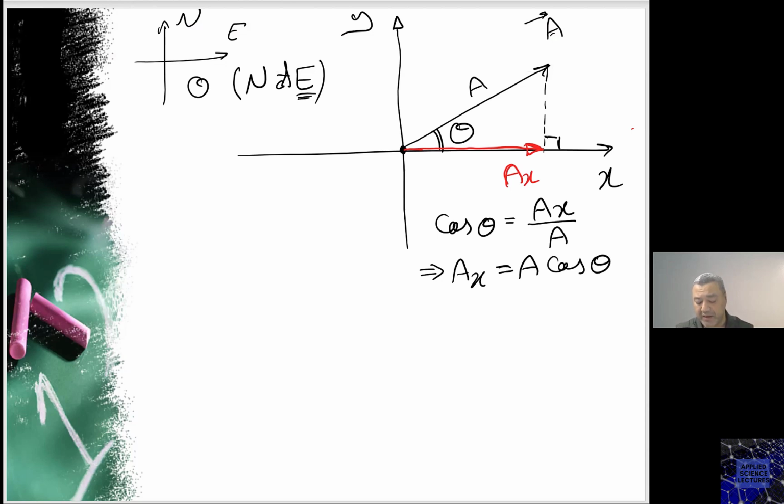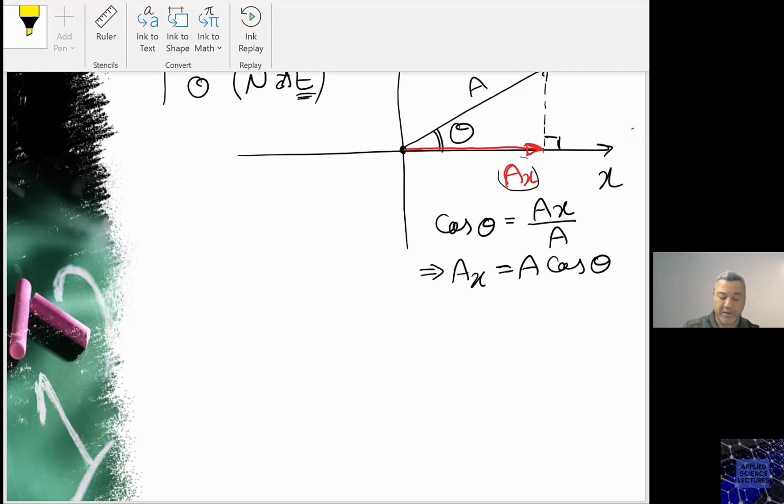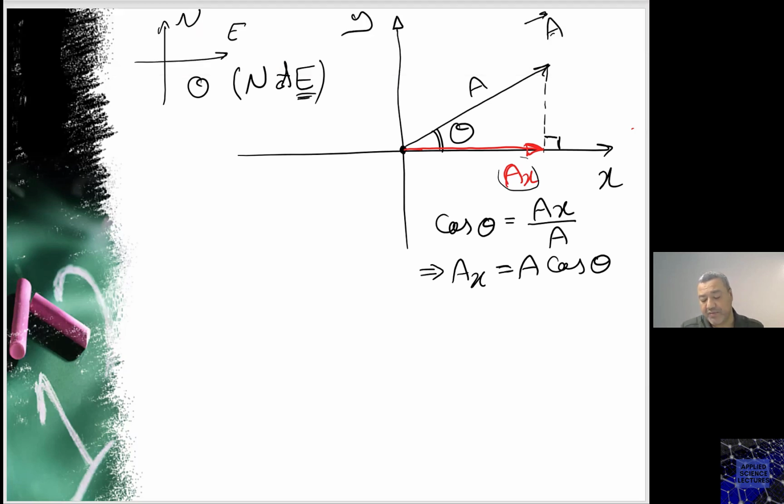And keep in mind that this is positive as long as this AX component is pointing in the positive direction of X. Now, I'm going to get something similar when I project this vector right on the y-axis. In this case, I will get the AY component, right? So if this is theta, then this is the complement, 90 minus theta.